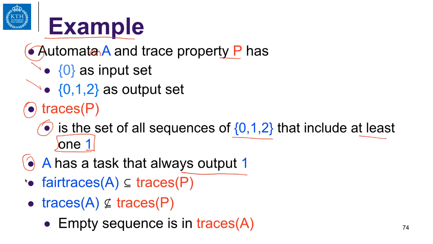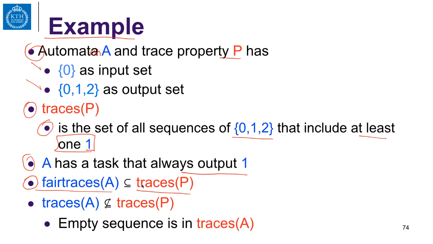Now, if we look at the fair traces of A, any fair trace of A will have the task executing the output action performed. Therefore, in any execution, we will get at least one output with the value 1. And therefore, the fair traces as a set is a subset of the traces of P.